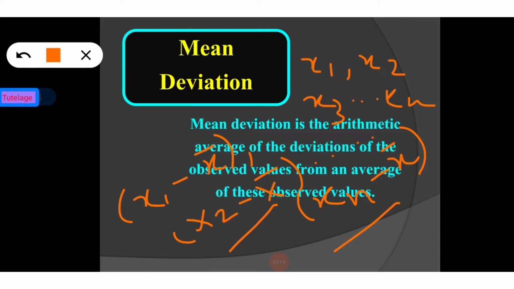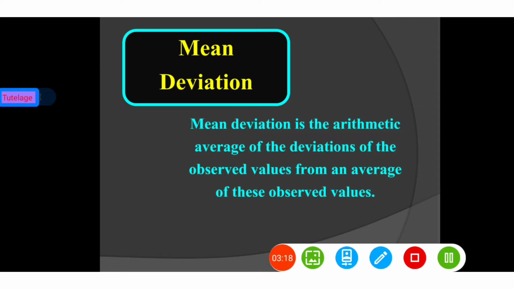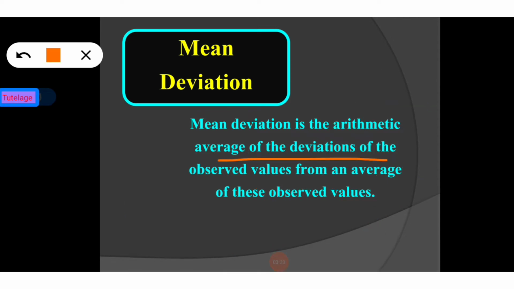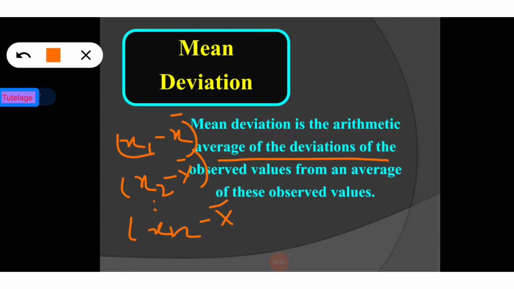So what is the mean deviation? Mean deviation is the arithmetic average of the deviations. So we have the deviation values, that is x1 minus x bar, x2 minus x bar, dot dot xn minus x bar. Clear? Now going to the arithmetic average.